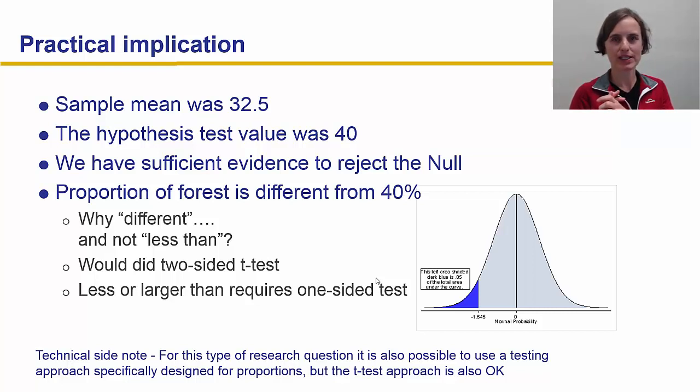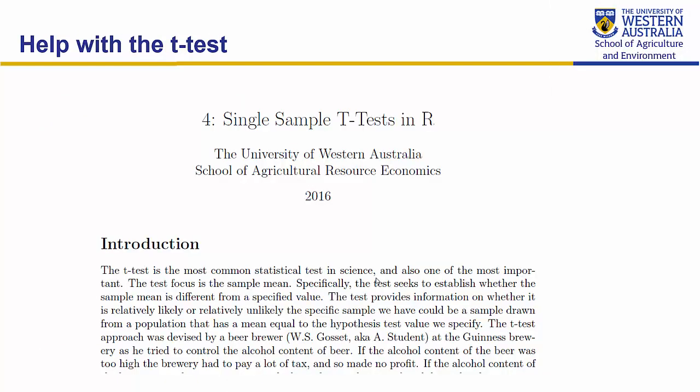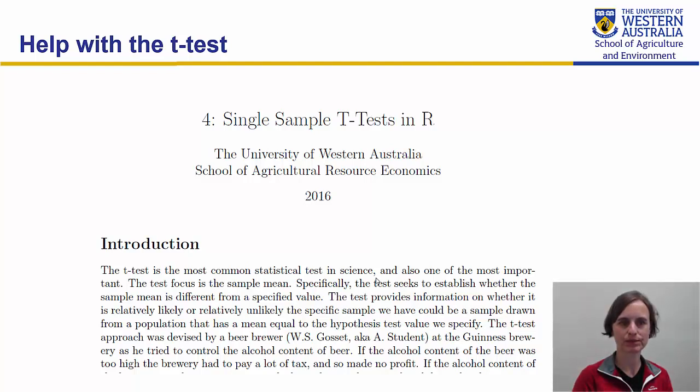And that would be a one-sided t-test. I don't have time to go into that in the lecture, but I'm sure you can find more information in James's lectures or in the tutorials. You can also get help using the R book that James is providing as a resource.